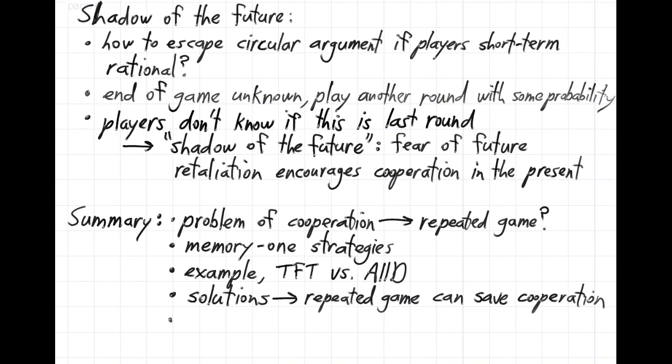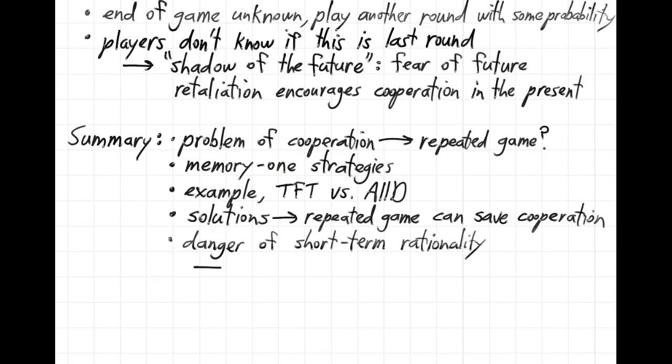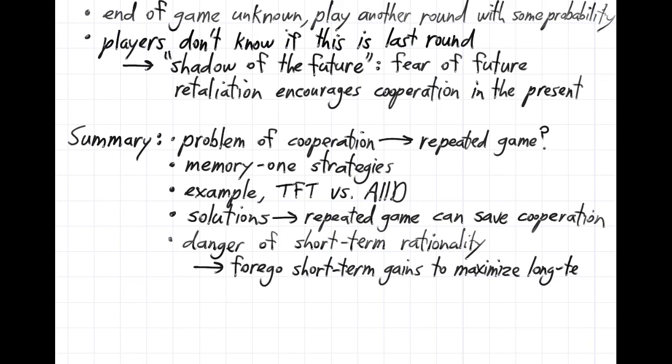But there was still the danger of short-term rationality. And we looked at two ways of getting around that problem. The first one was to actually give up opportunities to maximize short-term utility. And the second was changing the nature of the game so it wasn't clear when it ended. And that was the idea behind the shadow of the future.